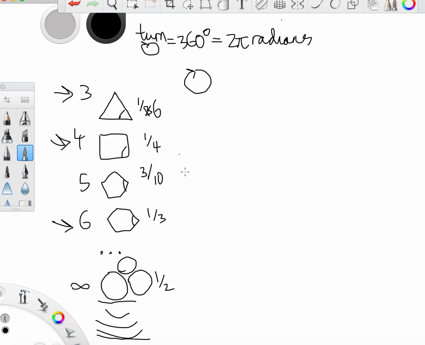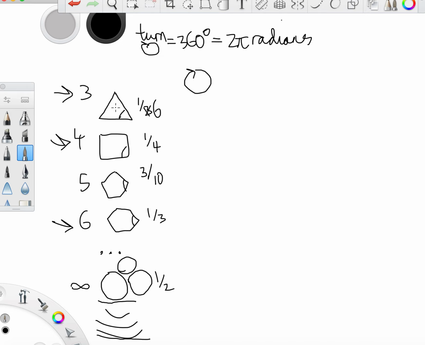So, as I've gone into already, you can see that with the 3-sided, the 4-sided, and the 6-sided polygons, so our equilateral triangles, our squares, and our regular hexagons, we have a fraction that's 1 over something, or any variant of these fractions that simplifies down to 1 over something.